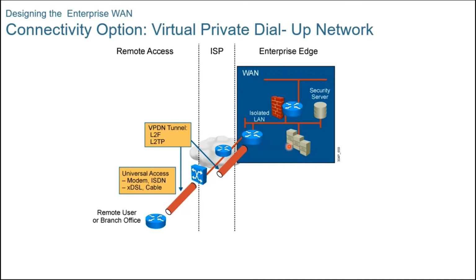Now, a VPDN provides potential operations and infrastructure cost savings because a company can outsource its dial-up equipment, thereby avoiding the cost of being in the remote access server business.